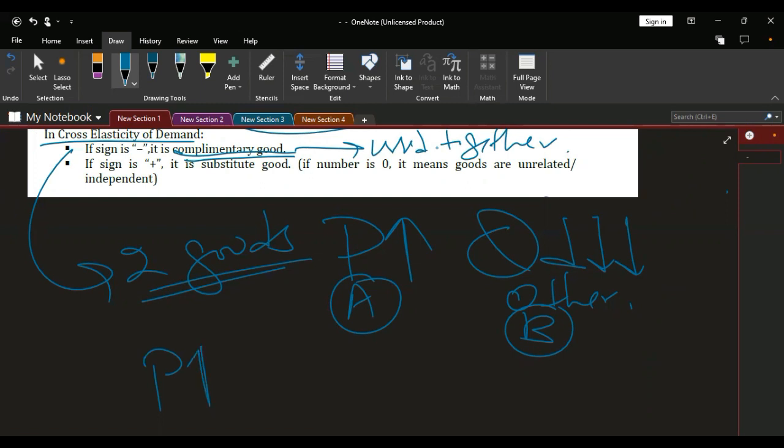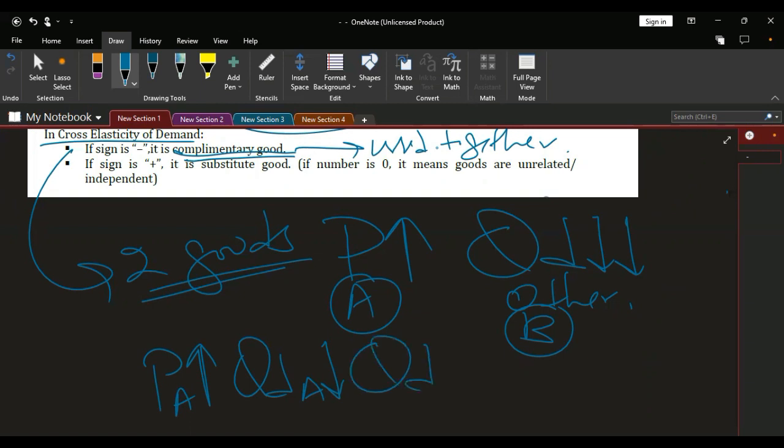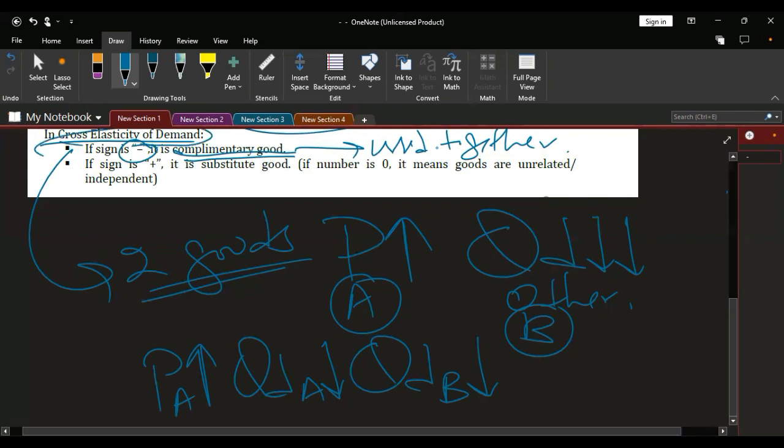An increase in price of one good decreases the quantity demanded of product A, and as the quantity of A decreases, its complementary good demand also decreases. So if you got a negative answer in a cross elasticity of demand numerical question, then the product is a complementary good.